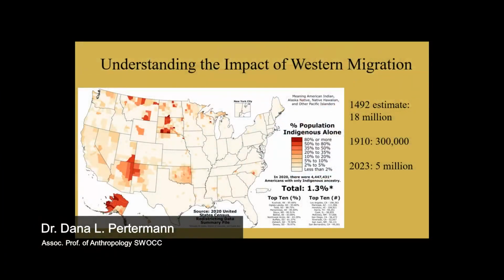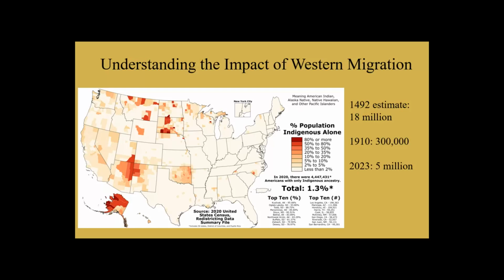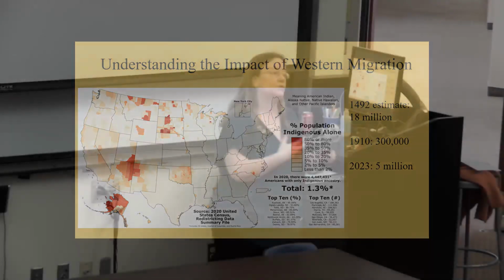And it's also really important to me to mention not only the growth of the United States, but the impact on our indigenous community. At the time in 1492, it's estimated in North America there were approximately 18 million indigenous people. By 1910, that was down to about 300,000 individuals. So the fact that the Oregon Trail exists is important, not only to talk about the growth of this country, but to also talk about the indigenous population and where it has been and how it has survived to this day.